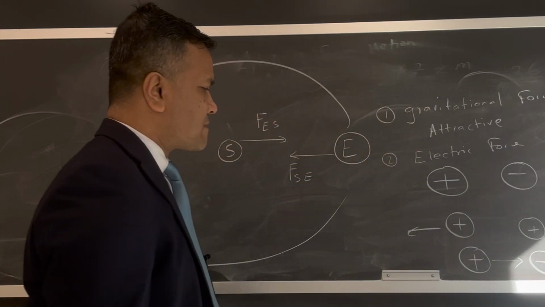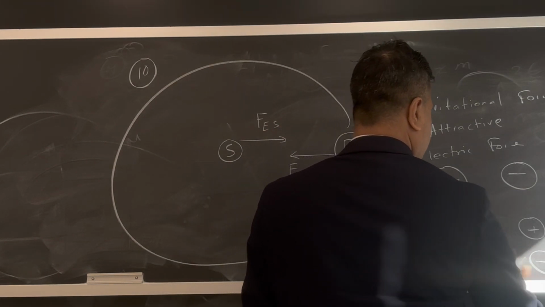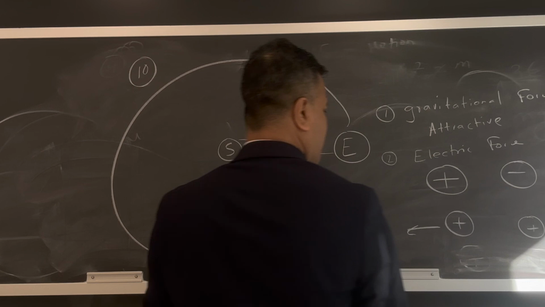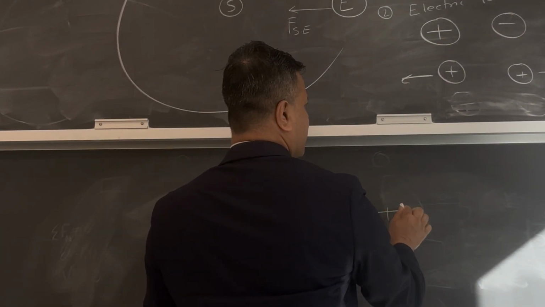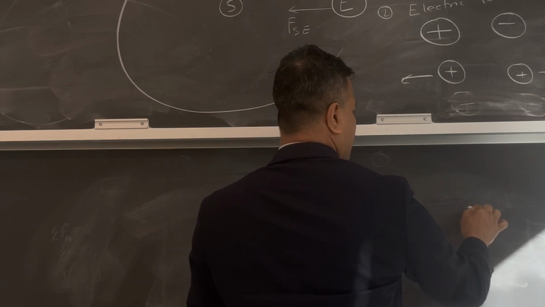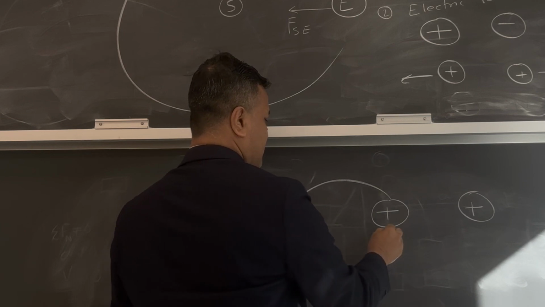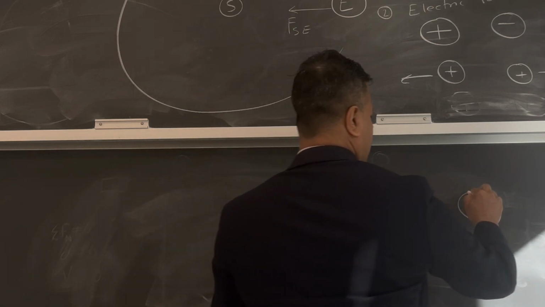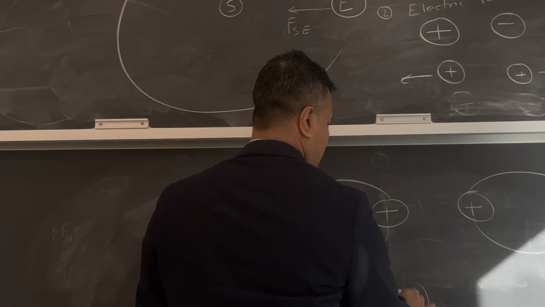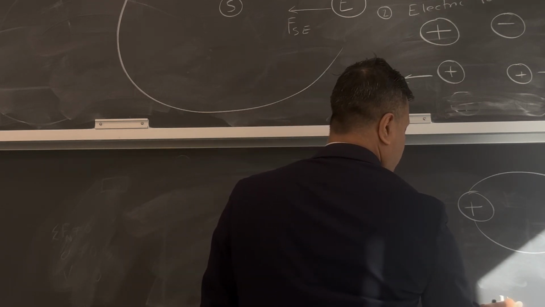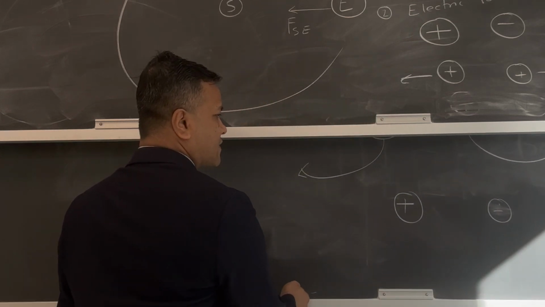So how is that going to go? Let's see how that attraction goes. I'm going to write here: positive and negative, positive and positive. Positive and positive repel each other. Positive and negative attract each other. How does that attraction look like?